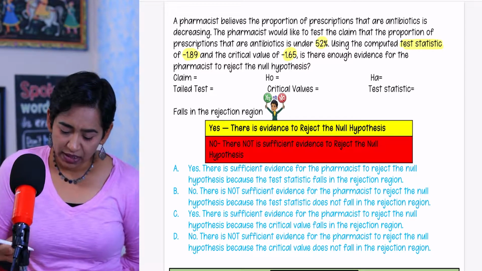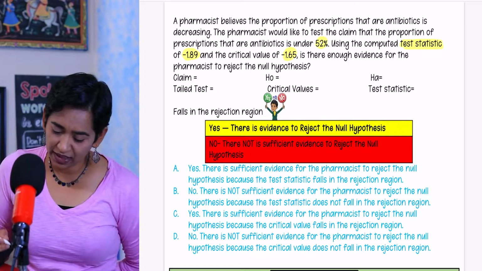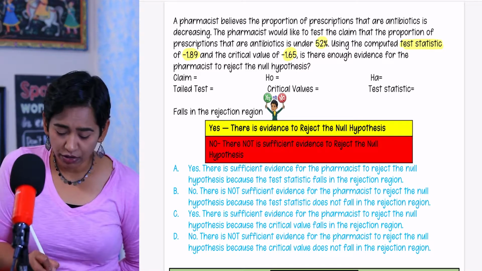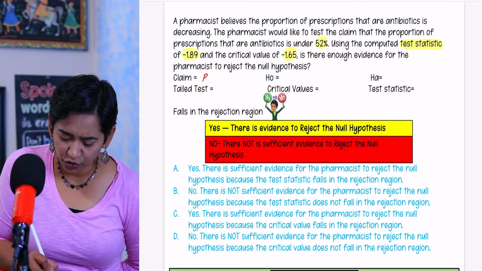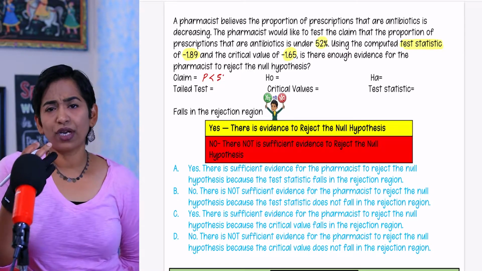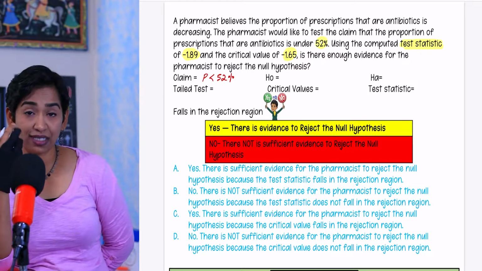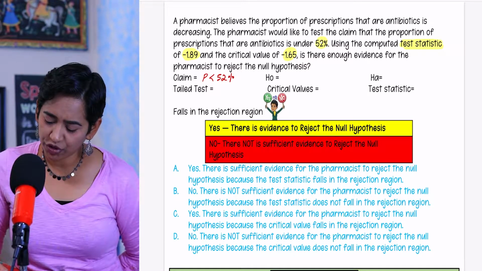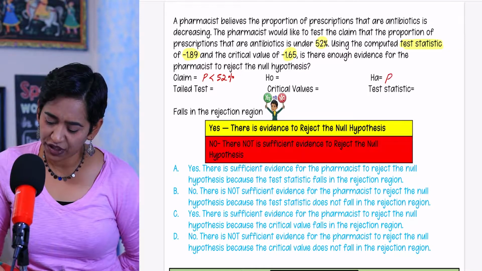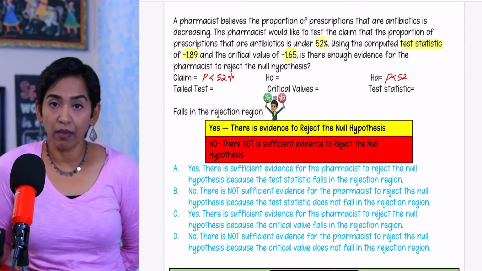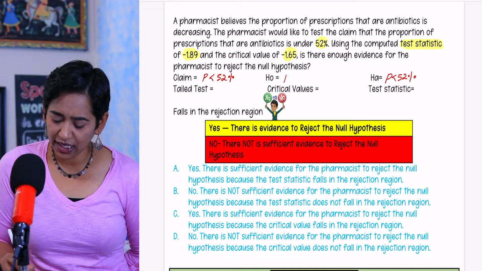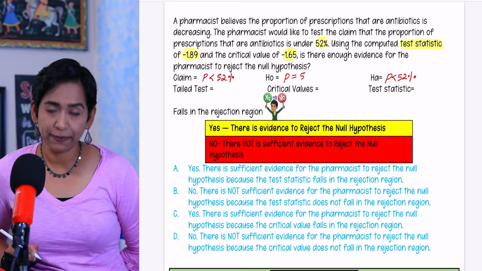All right. So the claim, what was the claim? He says the proportion is under, so it's less than 52%. You don't have to write the claim, but I like to write the claim because that's what I'm testing, right? My alternative is proportion less than 52%. My null hypothesis, I don't have to think, it's always equal to 52%.